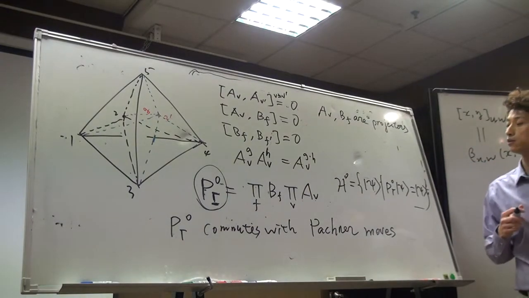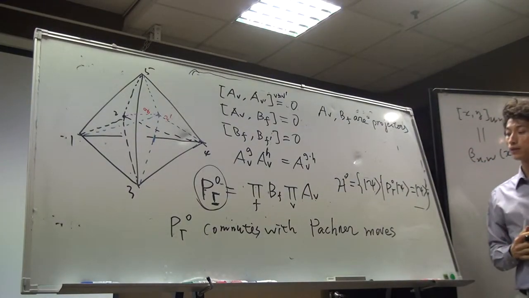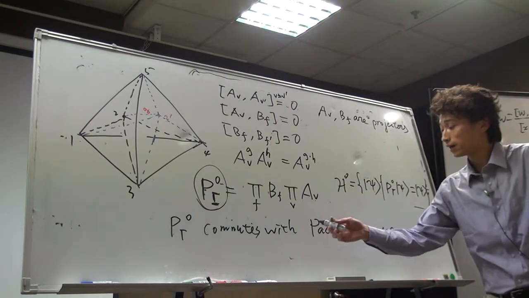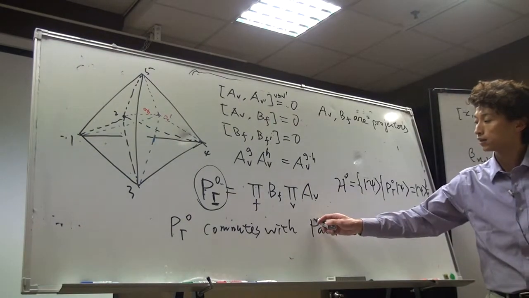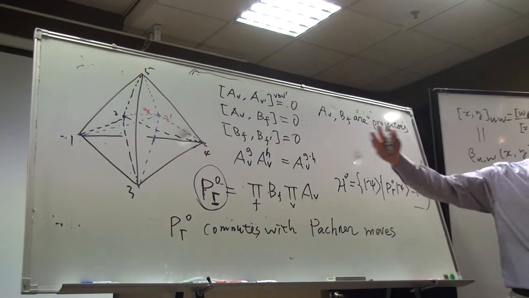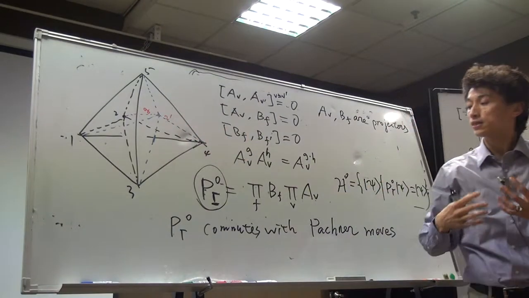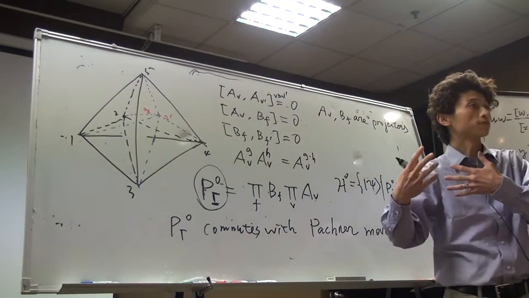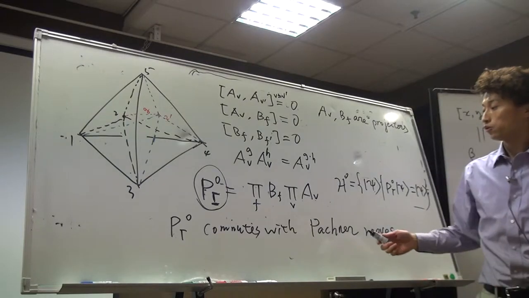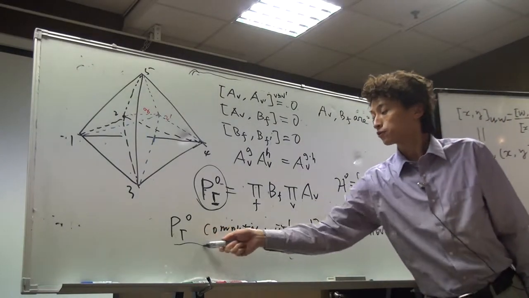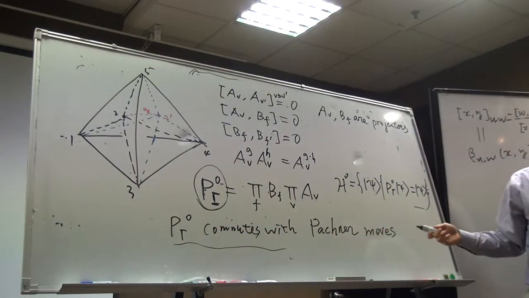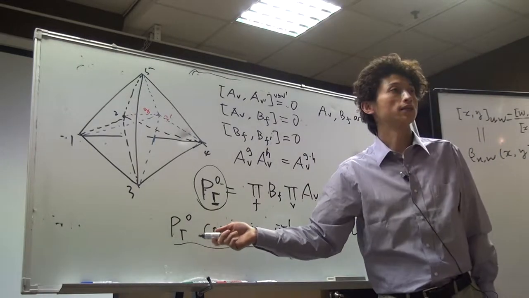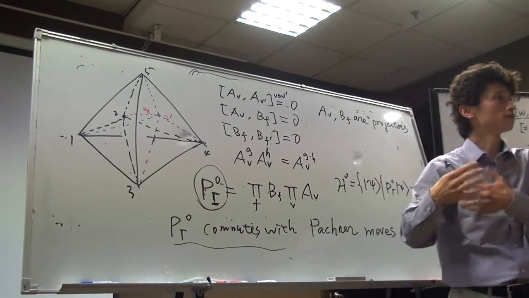If you know about the triangulations of manifolds, you might know that the Hackner moves are those moves on the triangulations that relate different triangulations of the same manifold. So if some operator commutes with the Hackner moves, it means that this operator is a topological invariant.